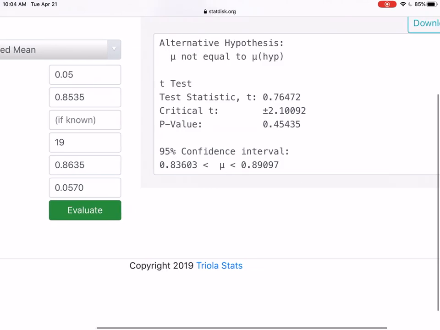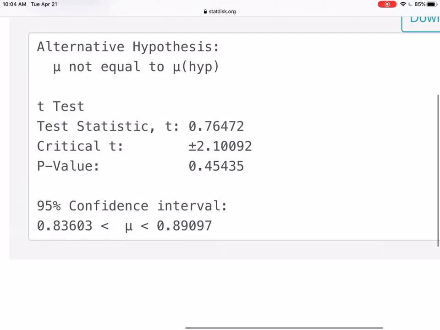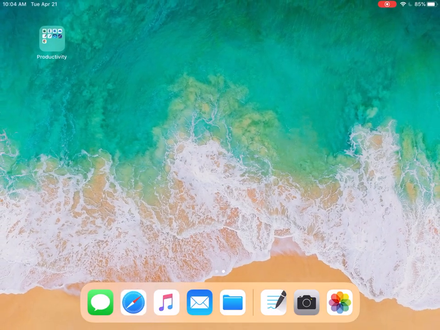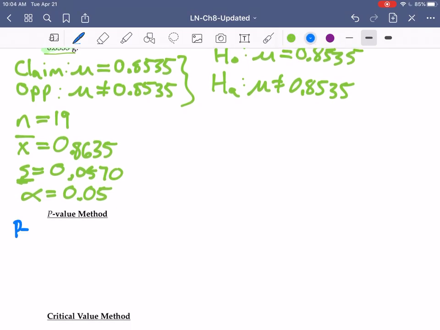When we evaluate that, if we do the p-value method, we look down here and we see our p-value, 0.4544 if I round to the fourth place. How do we make a conclusion based on the p-value?